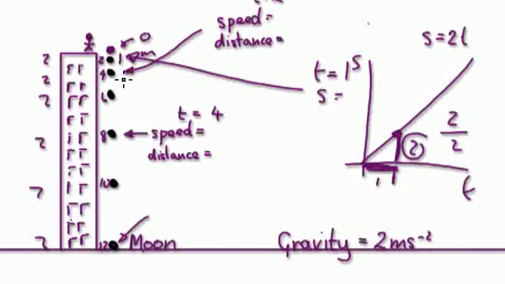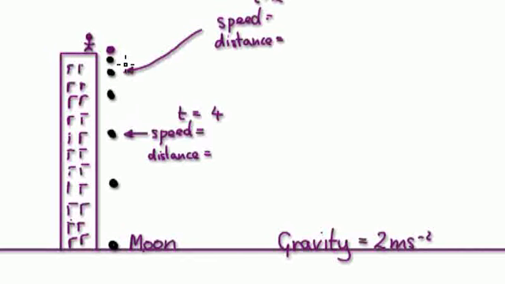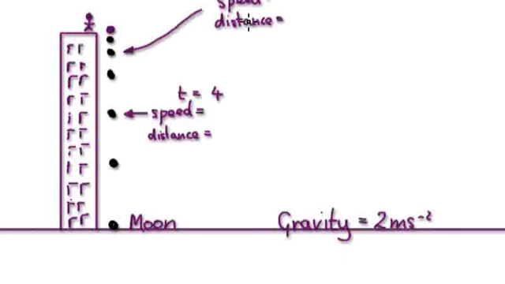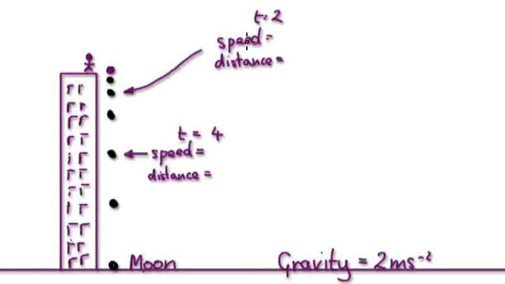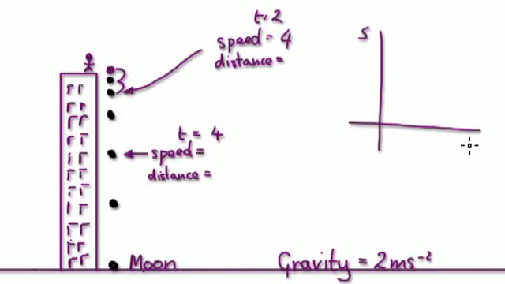Okay, and then at t equals 2 here, the speed will be 2, 4. The speed will be 4. The distance will be, well, at 2 here, so it will be going at 4 meters per second.